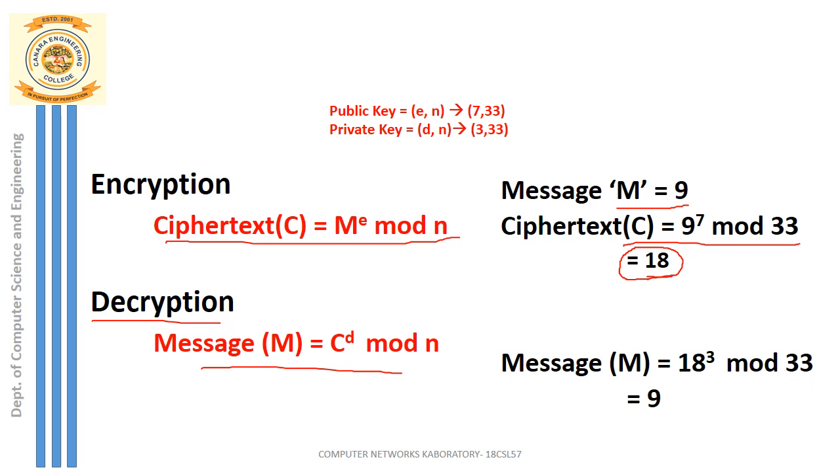In our example, 18 is the ciphertext received by the receiver and D comma N is the private key. So 18 to the power 3 mod 33. The receiver will get back the actual message or plain text that the sender had sent. This is how we perform encryption and decryption in the RSA algorithm.